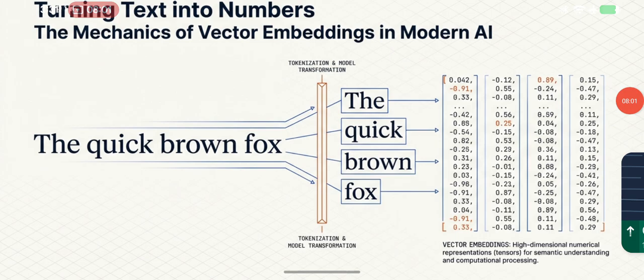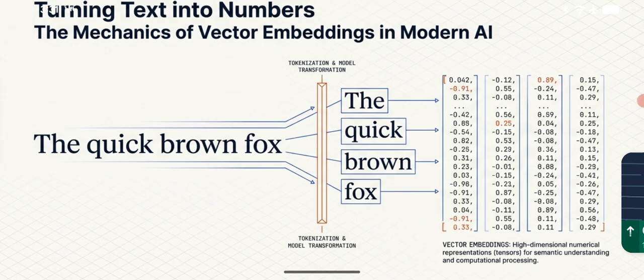Yeah. So the mechanics of vector embeddings. Suppose the sentence is "the quick brown fox", and we need to generate a vector embedding, how would it look? In English or similar languages, subword tokens exist.